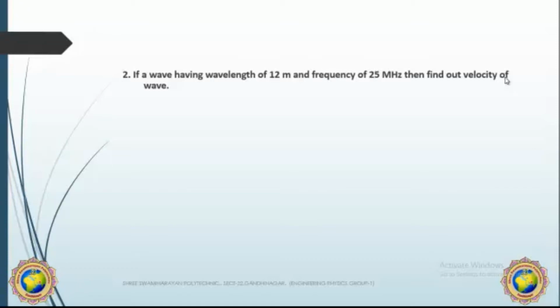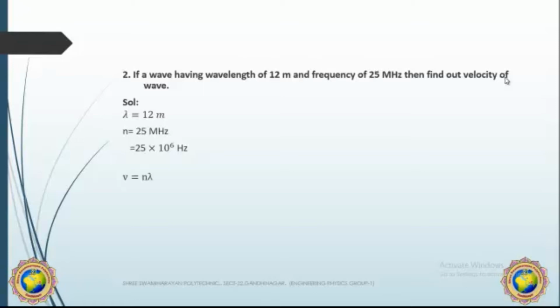Frequency is in terms of megahertz. Now the solution is lambda is equal to 12 meter, frequency n is 25 megahertz, therefore 25 into 10 raised to 6 hertz. Megahertz is converted into 10 raised to 6, mega is equal to 10 to the power 6.